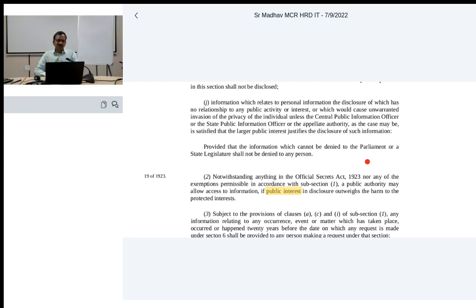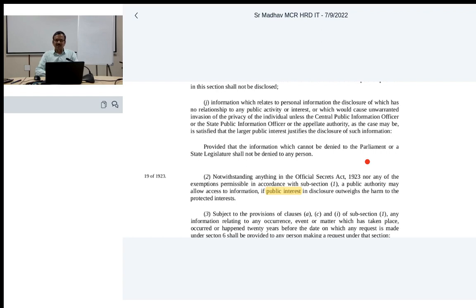So finally, Section 8.2 is the most important provision, where public interest is mentioned. You can find references to public interest in some other exemption provisions under Section 8.1(a), but this is the most important one. Having discussed all the exemptions, Section 8.2 says, notwithstanding all the exemption provisions listed under Section 8.1, just forget all this.